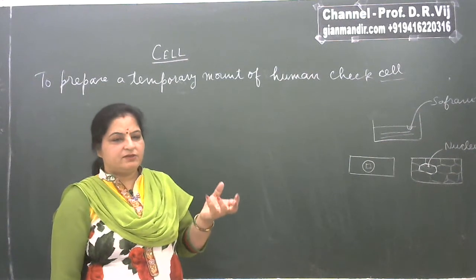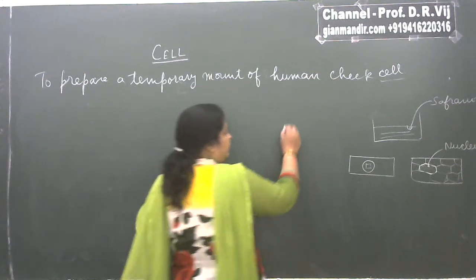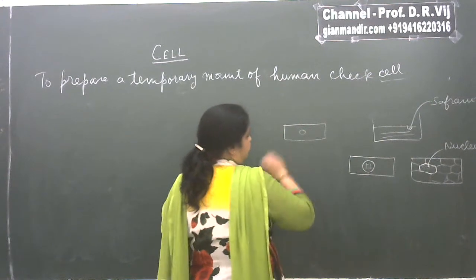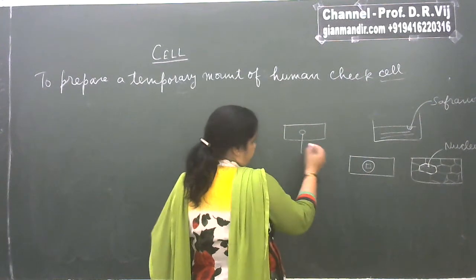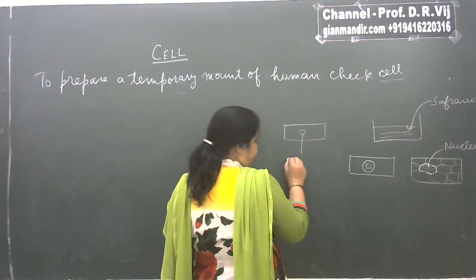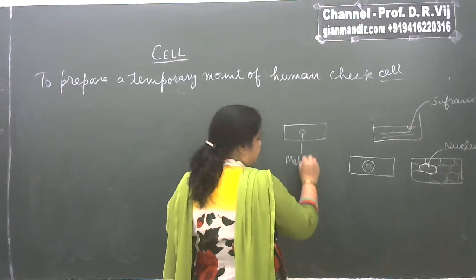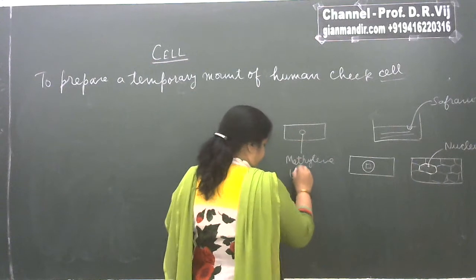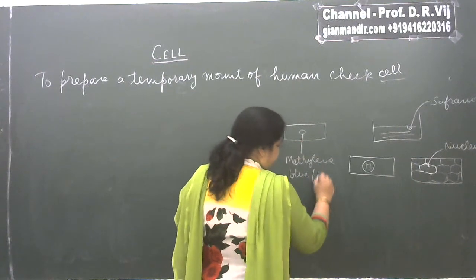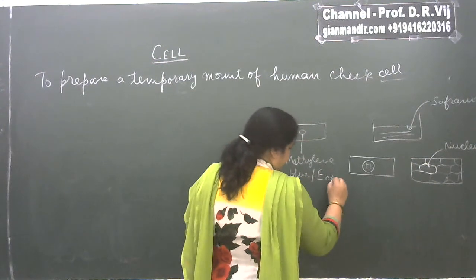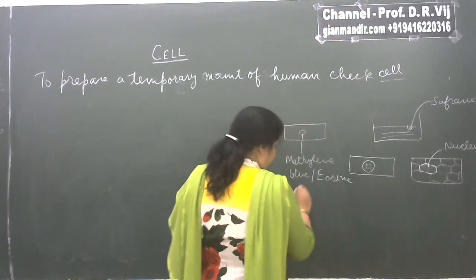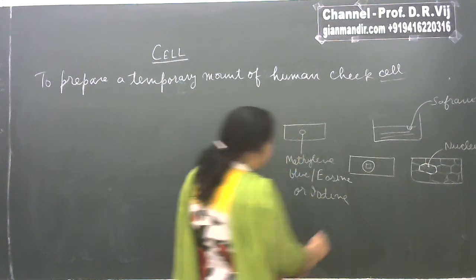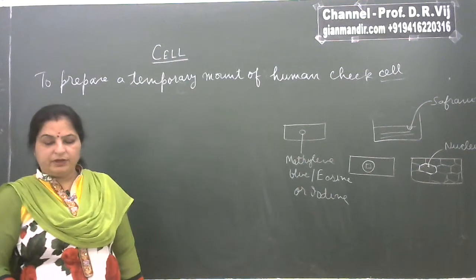You will be getting the cells of the cheek, and then on a slide at the center you put a drop of water, and at the same time you put a drop of some staining agent, either methylene blue or eosin, or you can use iodine, and you put that scrape over here.